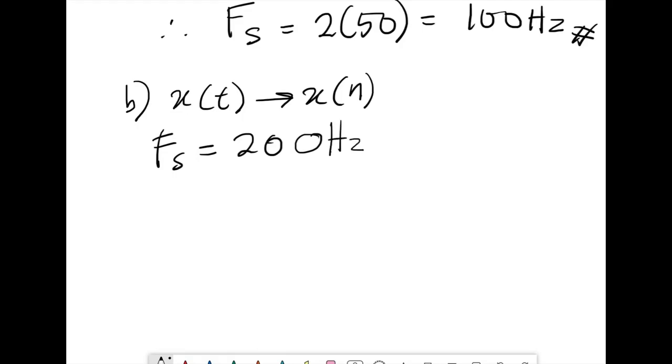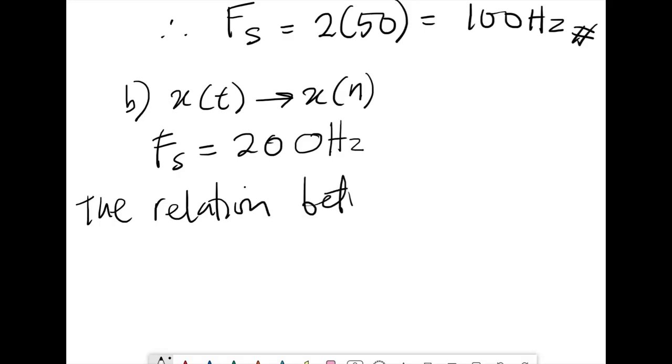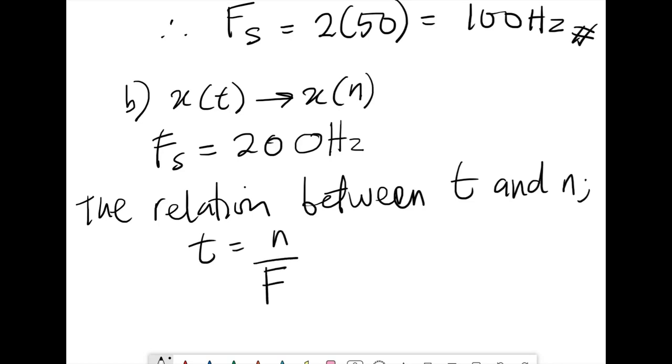So we know that the relation between t and n is given by t equals n over Fs. Alright, so this is n over 200.